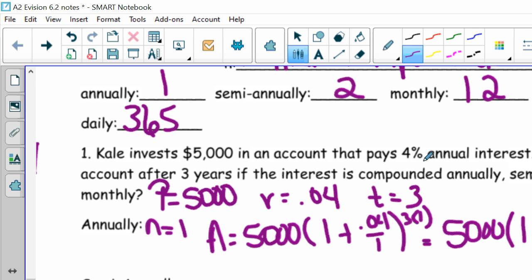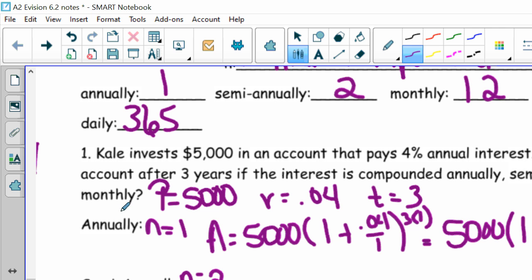When we work that out, and our units are going to be dollars, we would get $5,624.32. So in 3 years, we've made $624.32 just in interest.